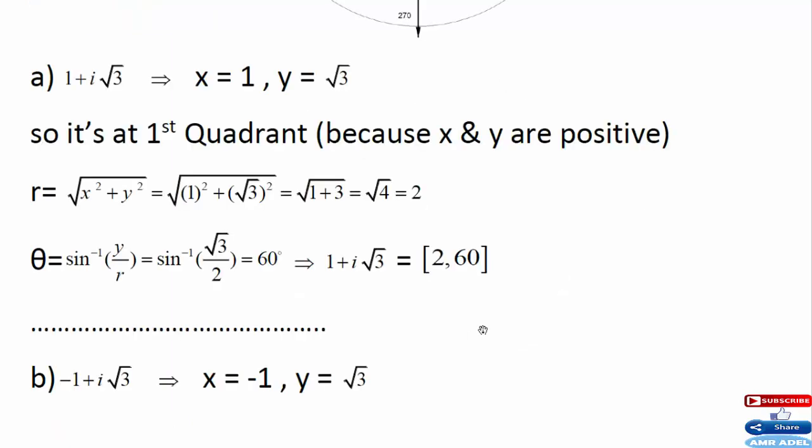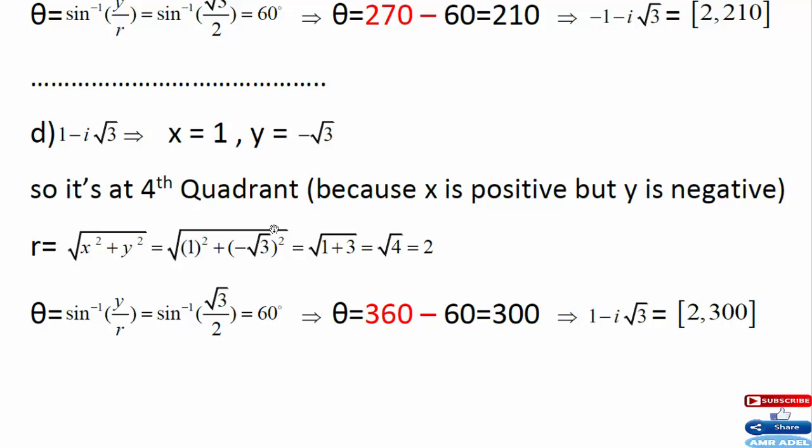Back to our case, we have x equals 1 and y, the part of I, equals negative root 3. So r will be the root of the real part squared, which is 1 squared, plus the imaginary part squared, which is negative root 3 squared. It becomes 1 plus 3, and the root becomes 2.